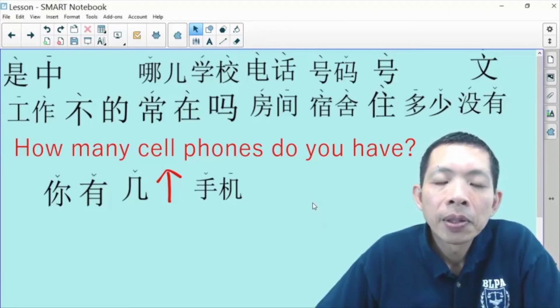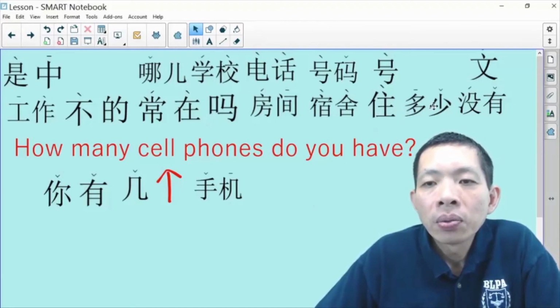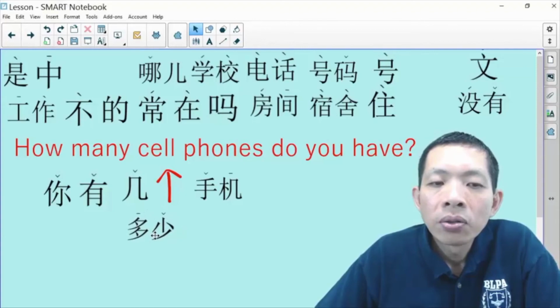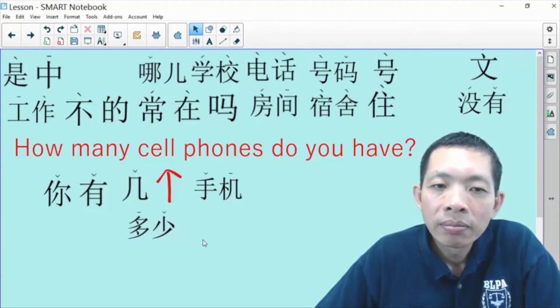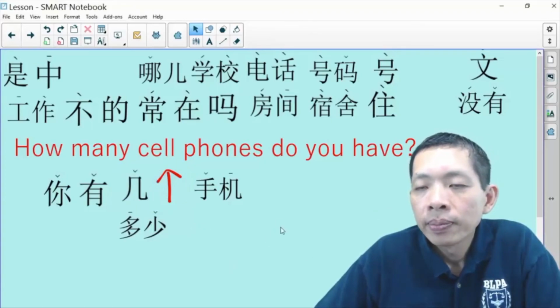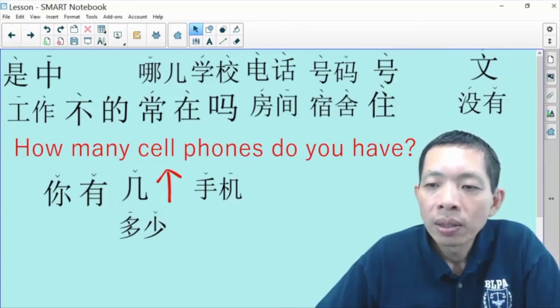So how many, you know, you can actually use 多少 in here, assuming you have over 10. Usually 多少 is for a lot of numbers, but in most cases they use 有几个 in here. I assume you just have two or three.